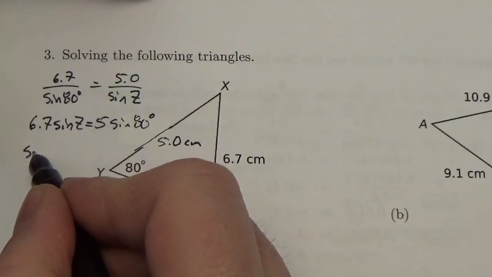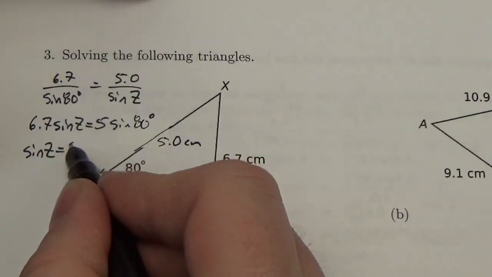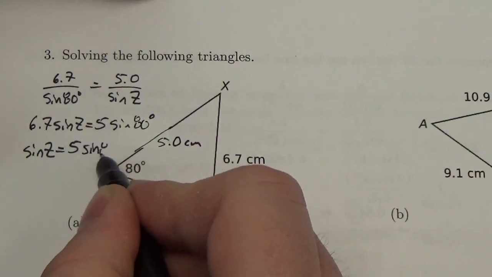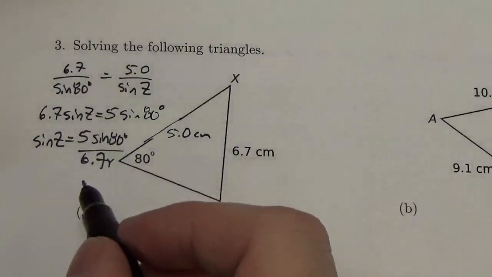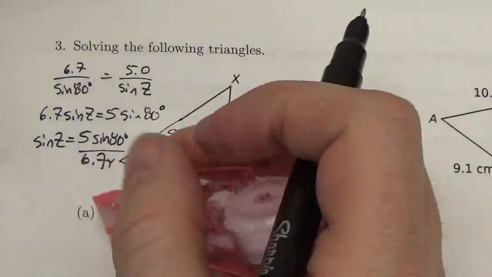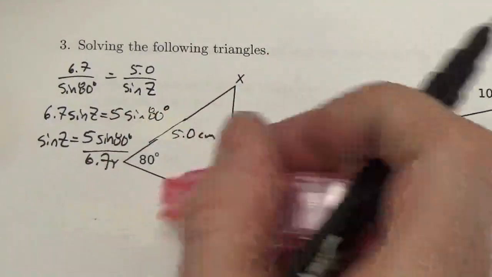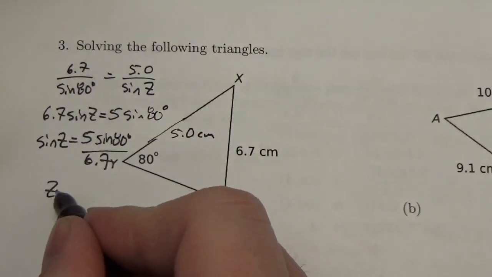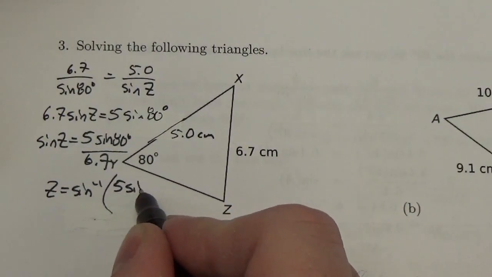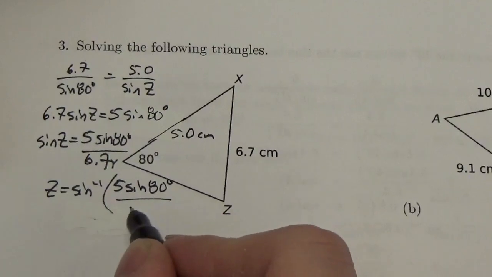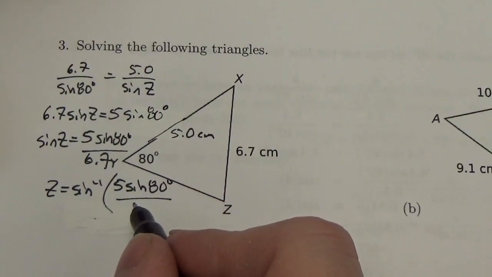So the sine of z is going to equal 5 times the sine of 80 degrees over 6.7. And so now I can state that z is going to equal the inverse sine of 5 sine of 80 over 6.7.